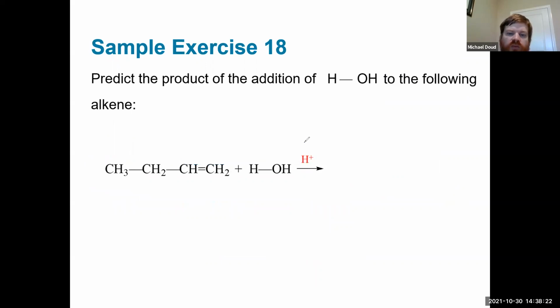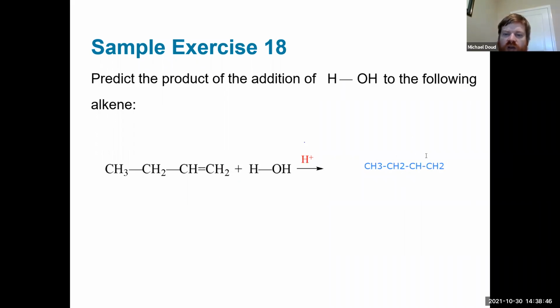Okay, so based on what we know so far, we know that we're going to form CH3, CH2, and we're going to form something new with this carbon here, and something new with this carbon here. So we broke the double bond that was between these last two with this process.